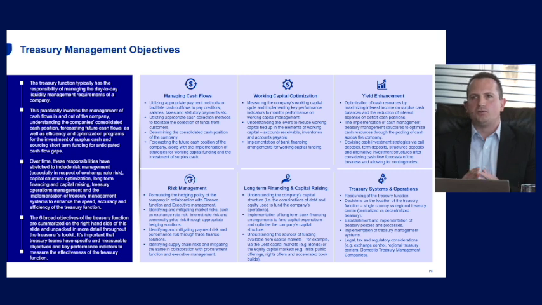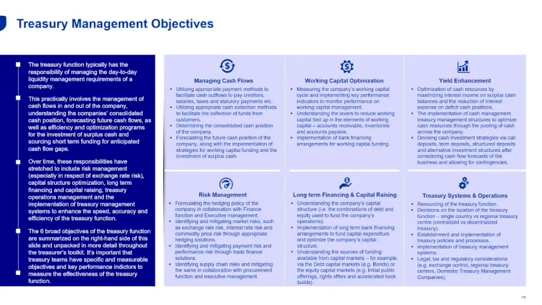Then we move on to yield enhancement. So once the company has determined the consolidated cash balance, as well as their cash flow forecast, it would imply whether or not they have a financing decision to make or an investment decision to make. Now, if the company has an investment decision to make, they're likely to be long on cash, as in currently and anticipated in the future.